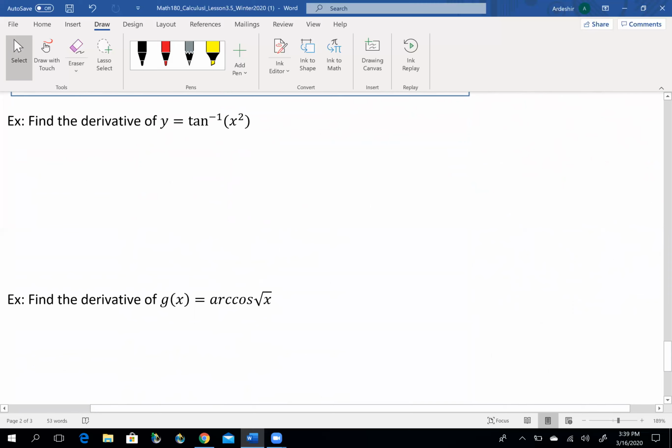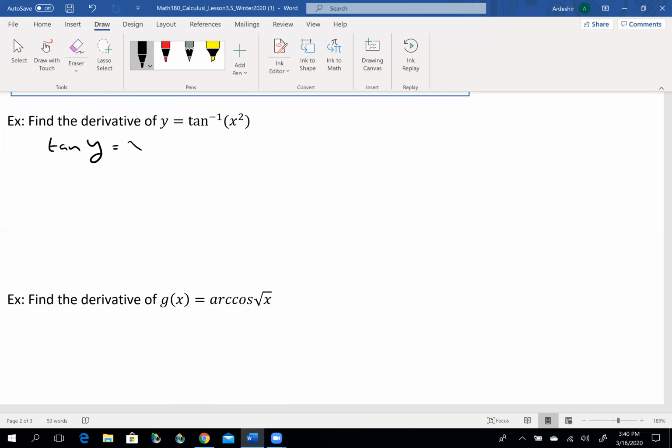Find the derivative of y equals tangent inverse of x squared. I'm going to do this again. y equals tangent inverse of x squared. So in fact, this is tangent of y equals x squared. Now I'm going to take the derivative of both sides.